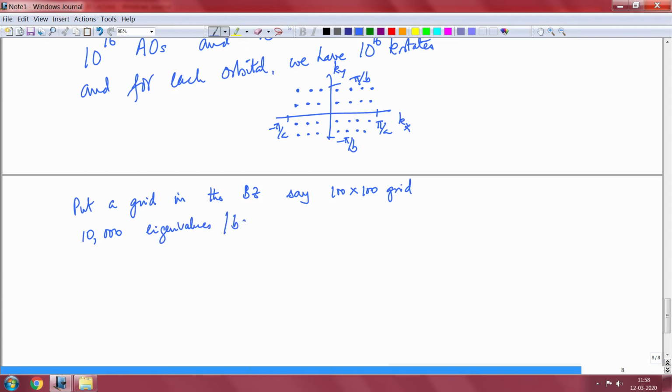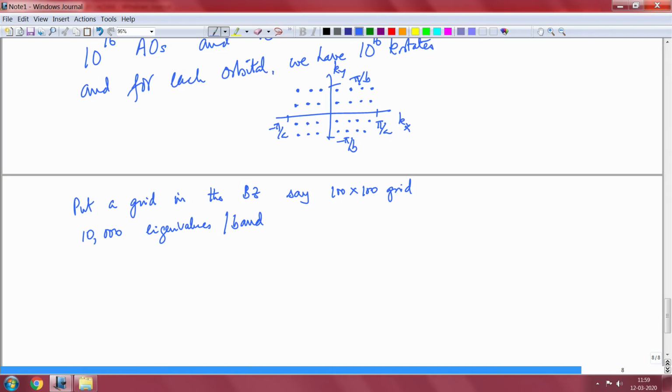per band. Even that is okay, but you cannot really look at all these 10,000 eigenvalues because that is a very large number, and particularly if you go to a 3 dimensional system with kx, ky, kz all the 3, then you will have a million eigenvalues, and how are you going to find out what happens to the energy levels at different k points?